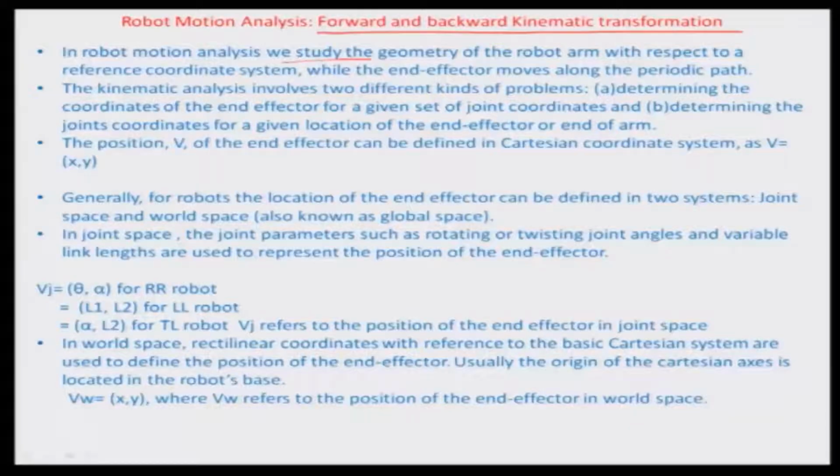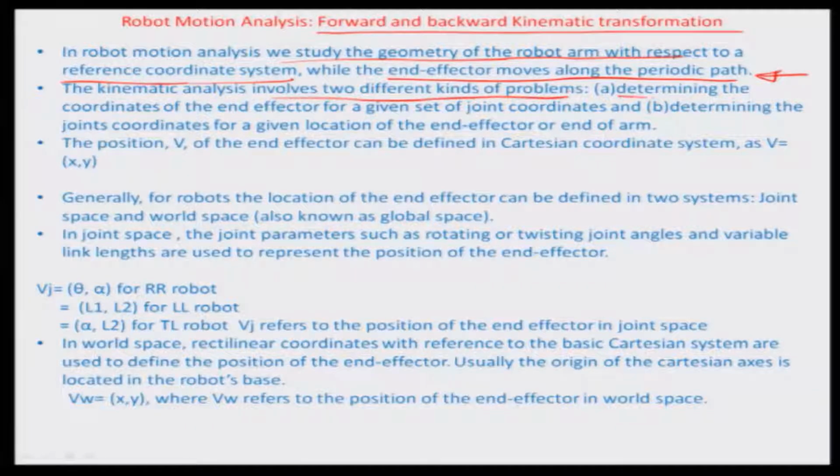In robot motion analysis, we study the geometry of the robot arm with respect to the reference coordinate system, which is typically taken as the base of the robot in most cases, while the end effector moves along the path.